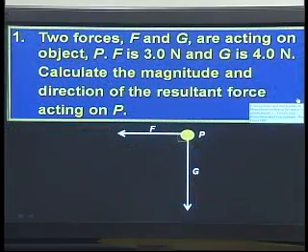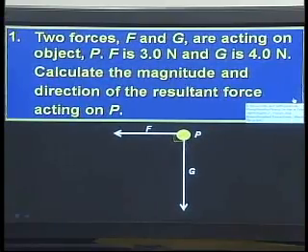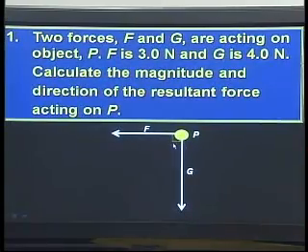Now, in resultant force, in this question, let us look at it. There are two forces, F and G, acting on an object P. F is given to be 3 newtons, and G is 4 newtons. The angle in between, as you can see here, is 90 degrees.